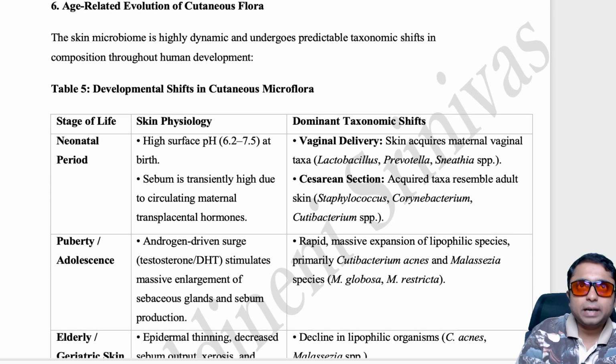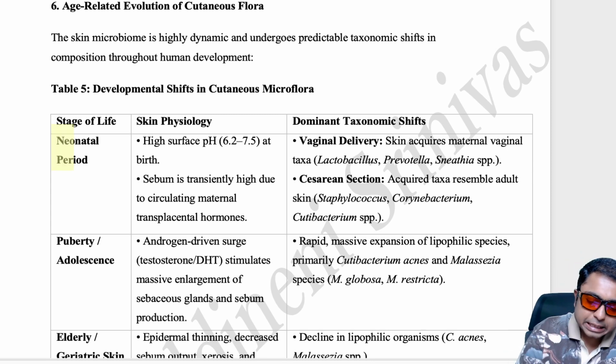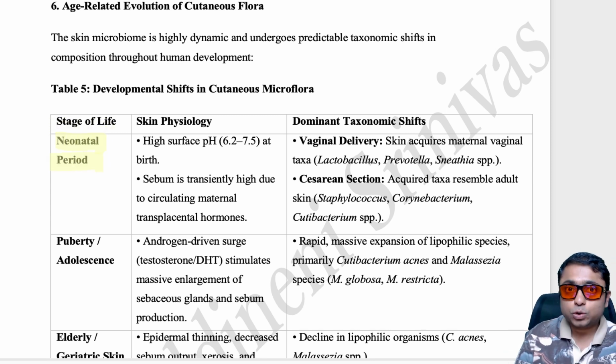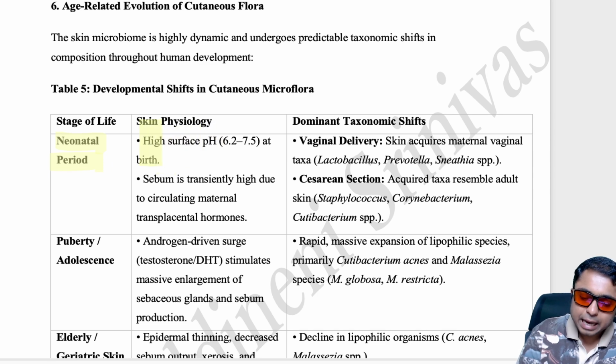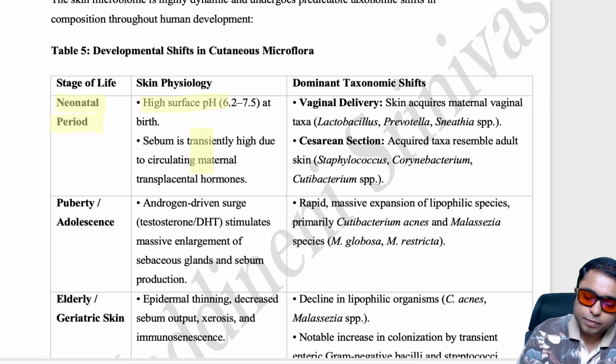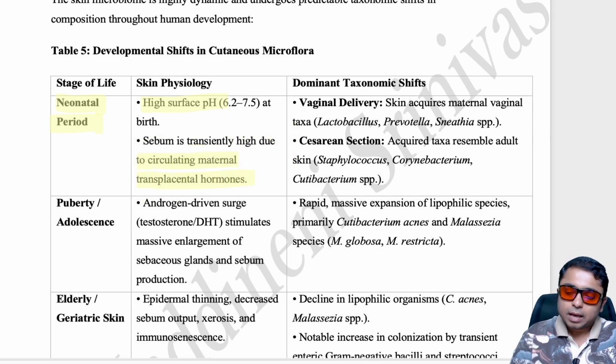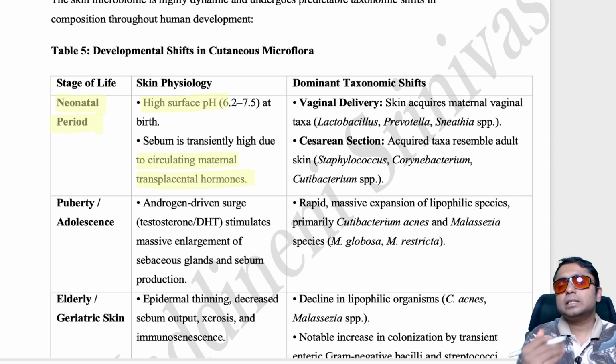So what will be the difference in the cutaneous flora depending upon age? In the neonatal period there is a very interestingly high surface pH. Here sebum is very transient due to circulating maternal transplacental hormones. Because of this, there are two possibilities.